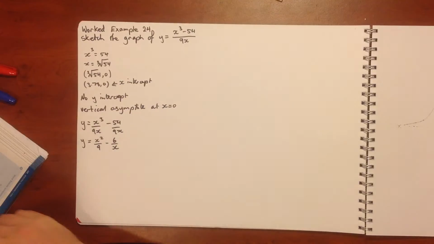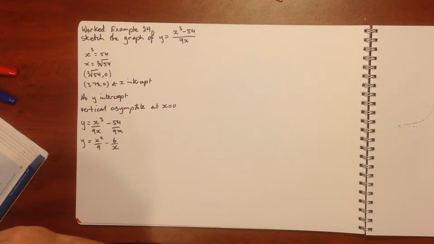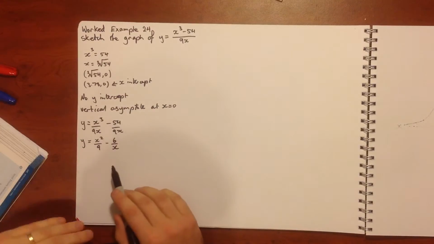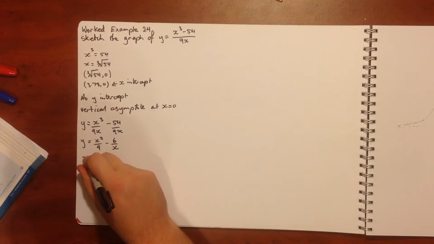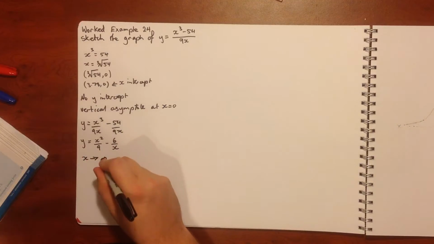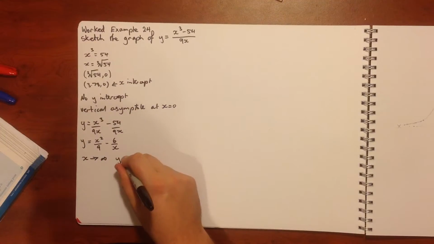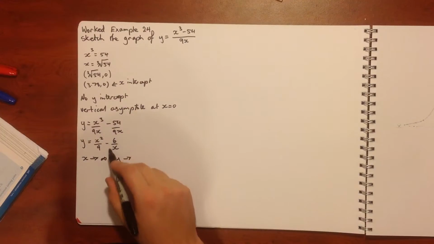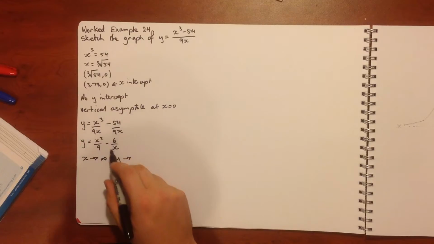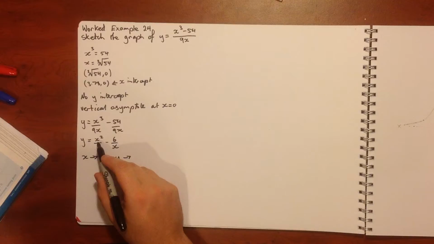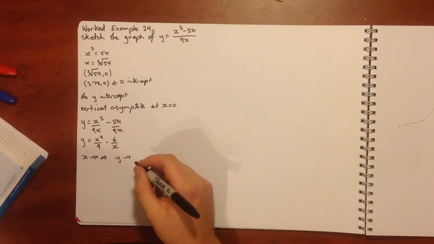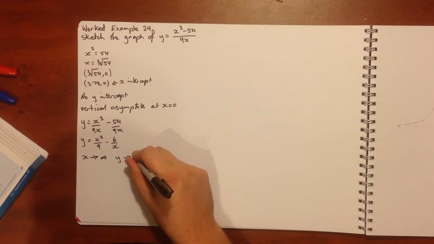Now we want to find the equation of any other asymptotes. As x approaches infinity, y approaches x squared on 9, because this term is going to drop out, since we're making it essentially 0. This is going to be a really big number, so we're approaching it from below.